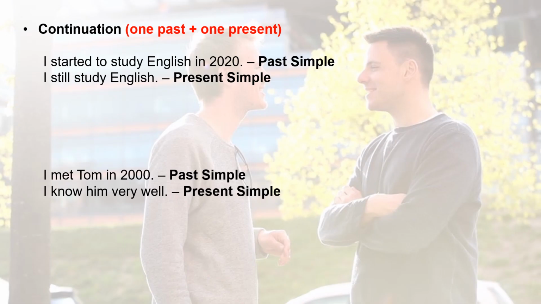Now let us focus on present perfect simple in terms of continuation. So we have one past simple. I started to study English in 2020. And now present is I still study English. So this is going to be present simple. So it's a continuation.